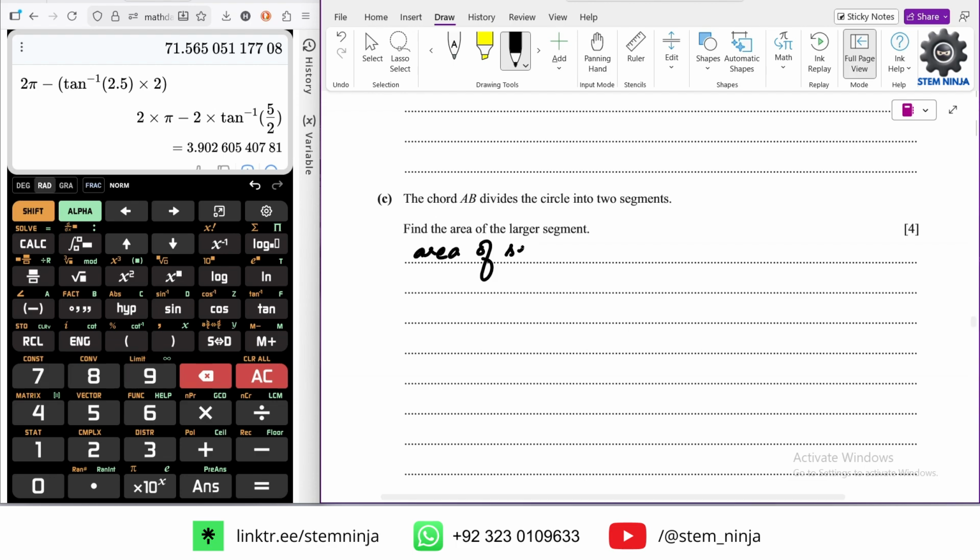So area of segment is going to be area of sector plus the area of triangle. So area of sector would be half r squared, which is just 29.